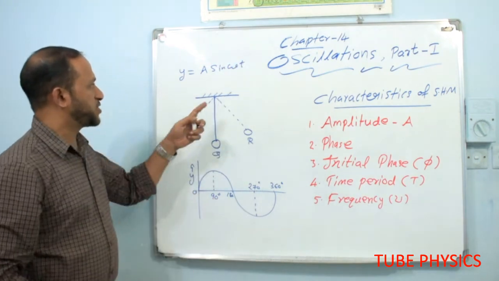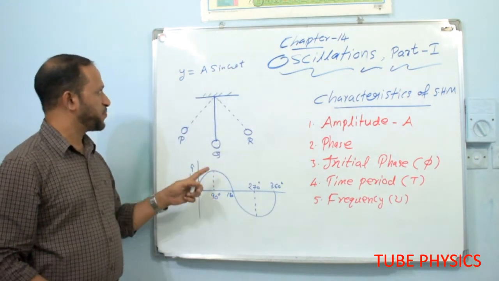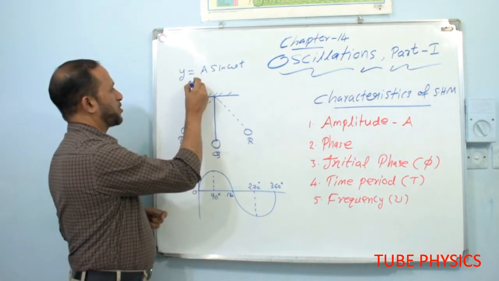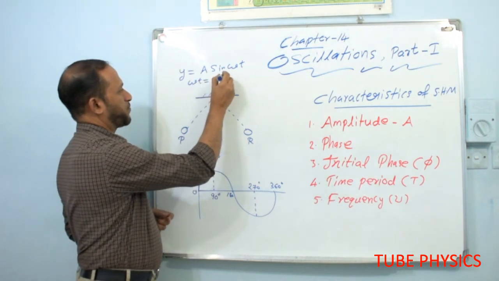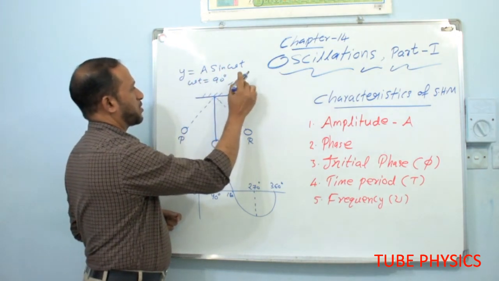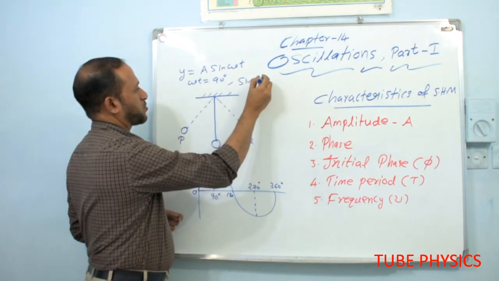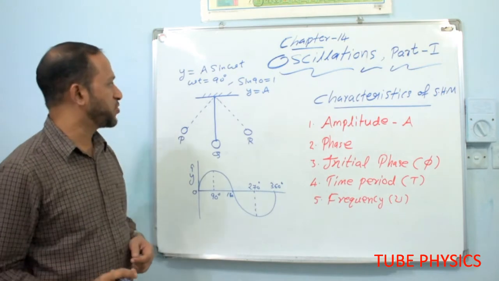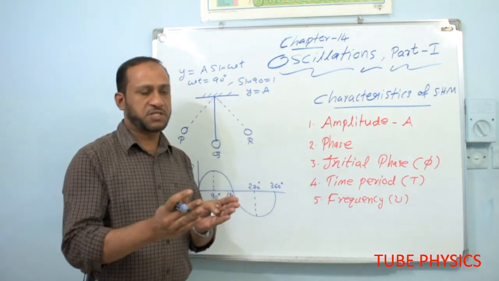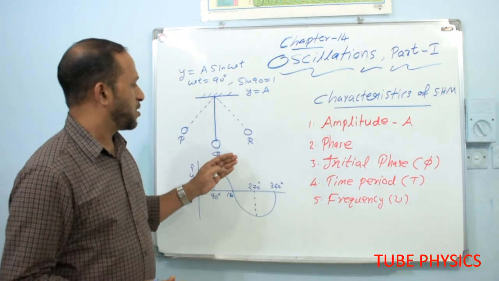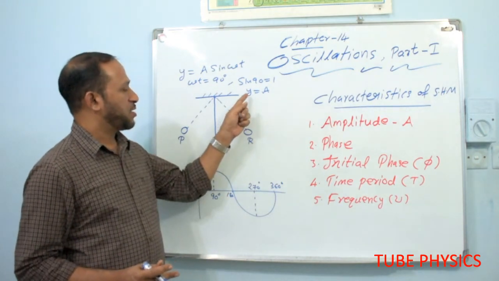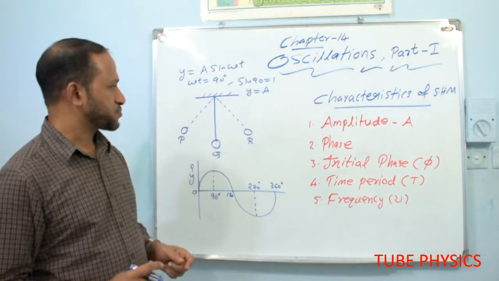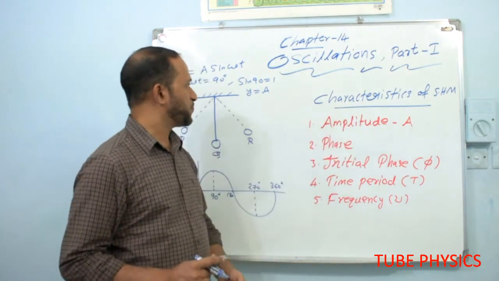When omega t, that is theta, becomes 90 degrees, sine 90 equals 1, that is y equals a. That is called the amplitude of the oscillator. That is the maximum displacement towards one side from the mean position.